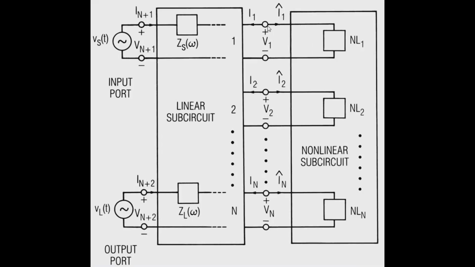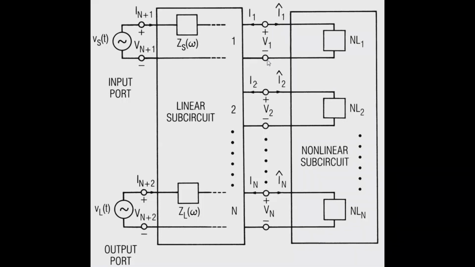Since it's a nonlinear circuit, of course, it will generate harmonics of the fundamental frequency voltage. So at each of these interfaces, we have a vector of voltages, which are the frequency domain harmonic components of the voltages, and we'll have vectors of the currents too, which are the frequency domain currents.